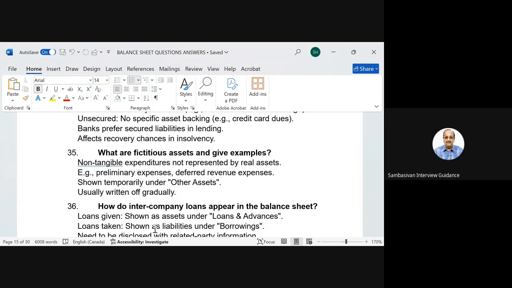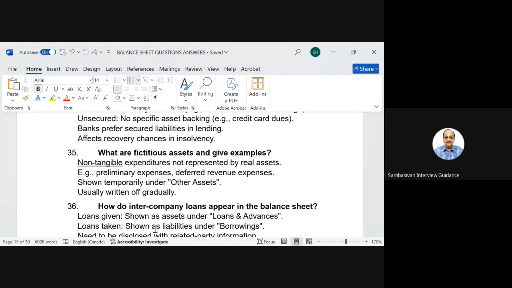Intangible assets are assets which cannot be seen or felt. Fictitious assets are things like preliminary expenses. Intangible means goodwill, trademarks, patents, rights.